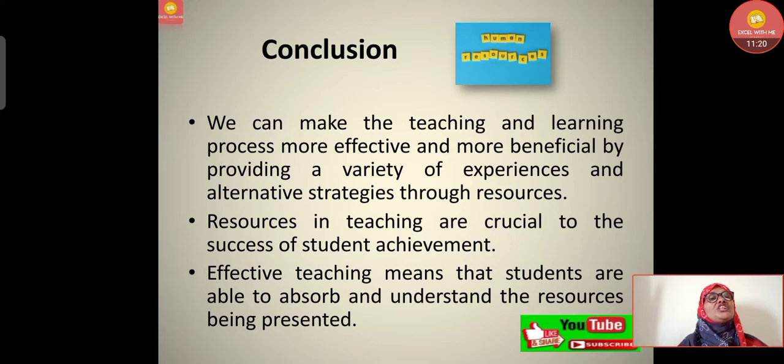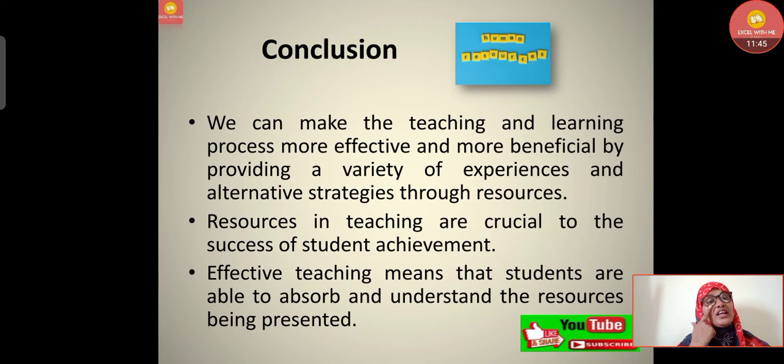We can make the teaching and learning process more effective and more beneficial by providing a variety of experiences and alternative strategies through resources. Resources in teaching are crucial to the success of student achievement. Effective teaching means that students are able to absorb and understand the resources being presented.